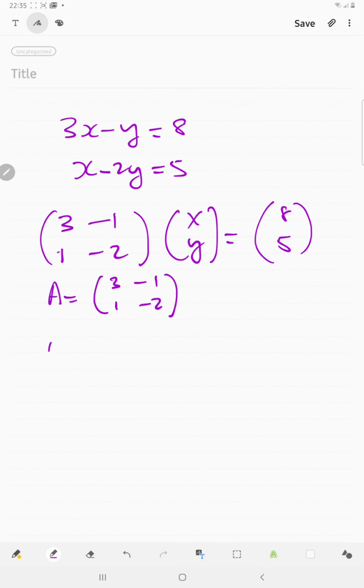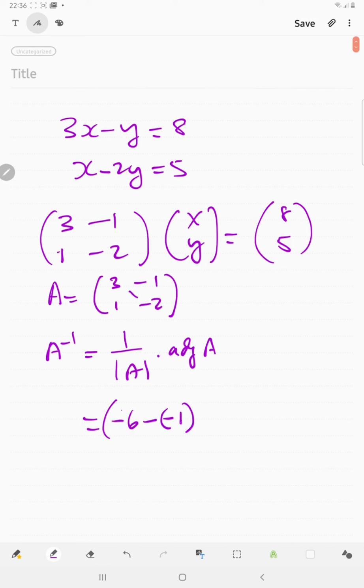And I can find A inverse for this, which is 1 over det of A multiplied by adjoint of A, which is equal to this times that, is equal to 6 minus 6, negative 6, negative 1.